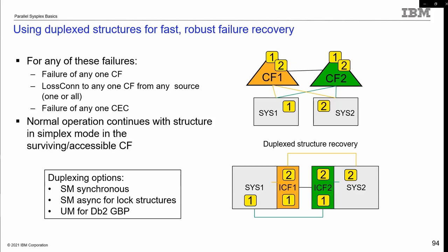So what that means is that we have a failure isolated system here. So if we lose one of the ICFs, we can easily recover. We have another place where the data is, and we don't have to have a complicated recovery from logs, usually reading from DASD and reconstituting the contents in the coupling facility.